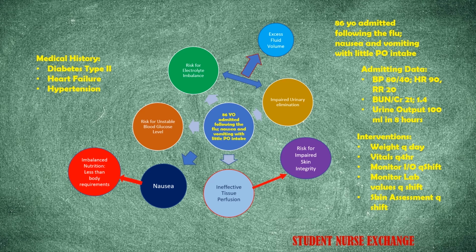Some expected outcomes you could add to this whole concept map. You would want to see return of their blood pressure to normal range within 24 hours, or within 12 hours. I know with students it's hard to put down the time frame that you expect something to resolve. But if it's something really emergent, like blood pressure, and you're starting IV fluids, really the sooner the better.